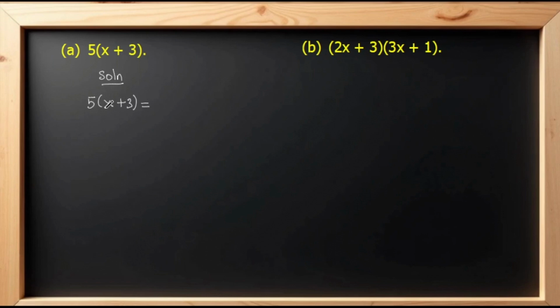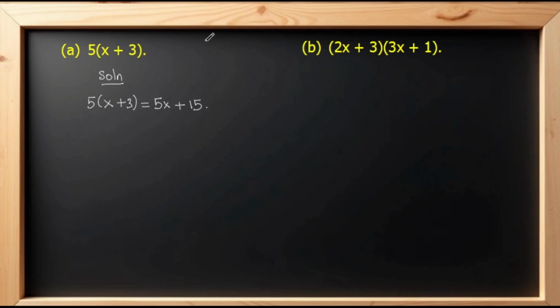The number before the bracket you can call a factor or a scalar, and it always multiplies all the numbers inside the bracket. So let's do that. 5 times x, we get 5x, plus 5 times 3, we get 15. And for this one, we have just expanded.